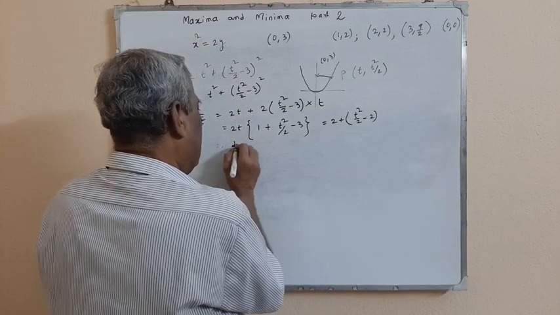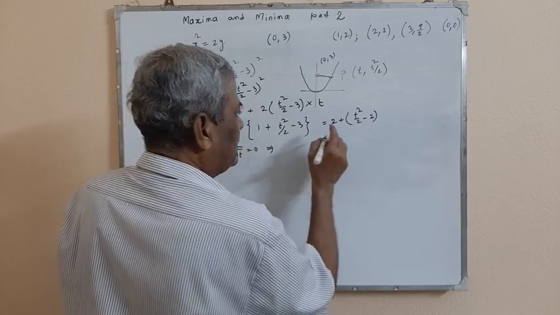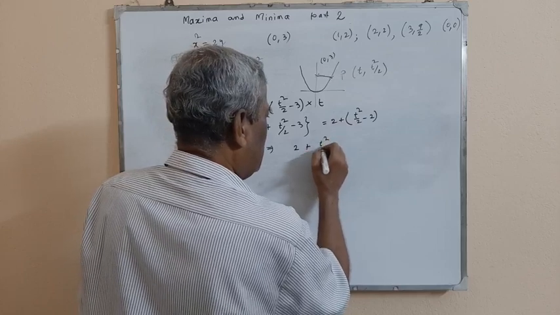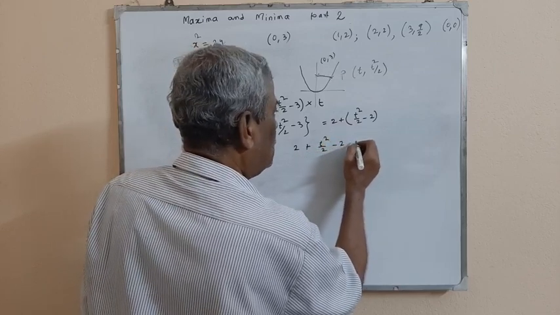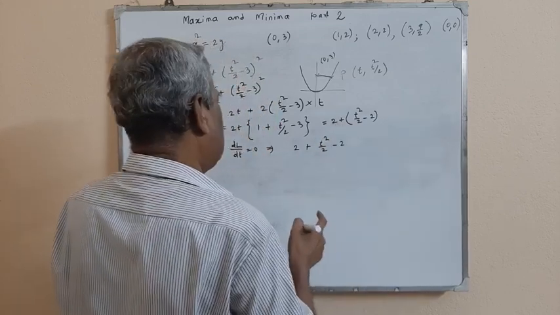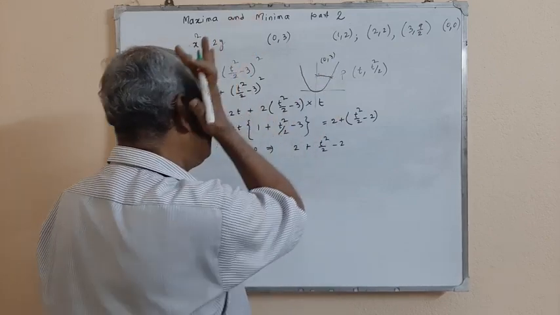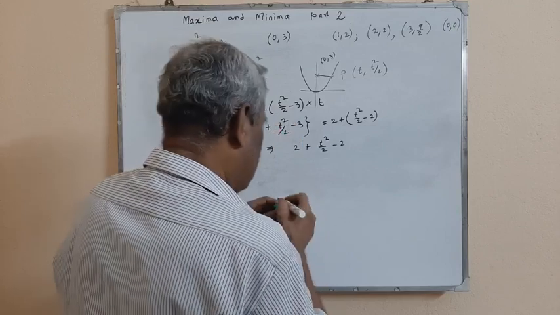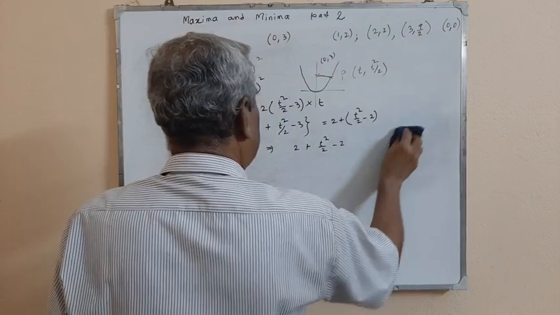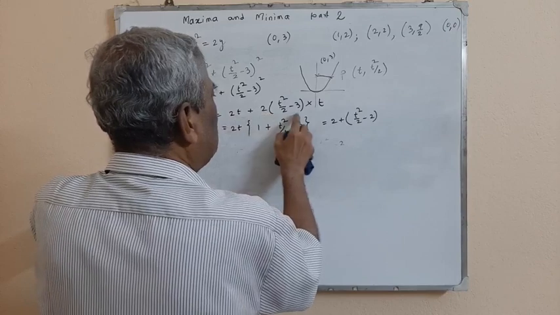Just one minute. dL/dt is 2t plus 2 into that into t.